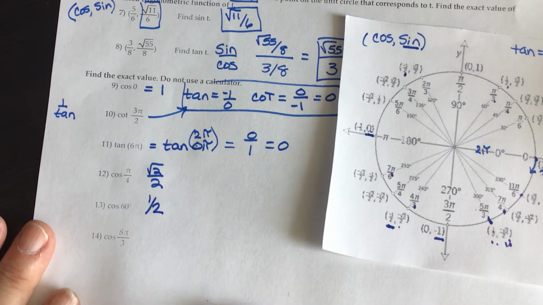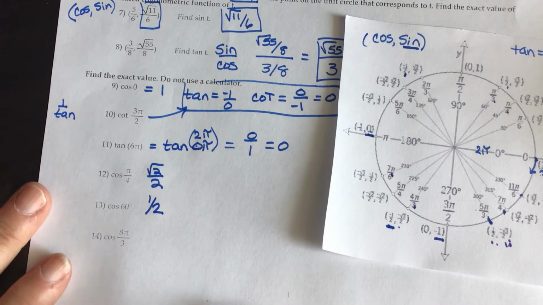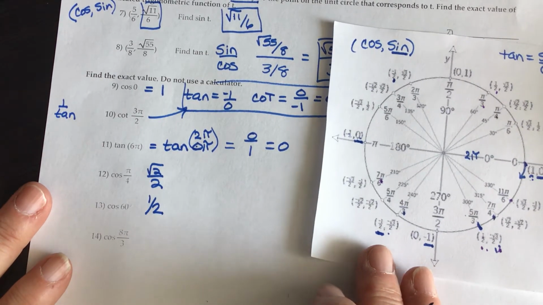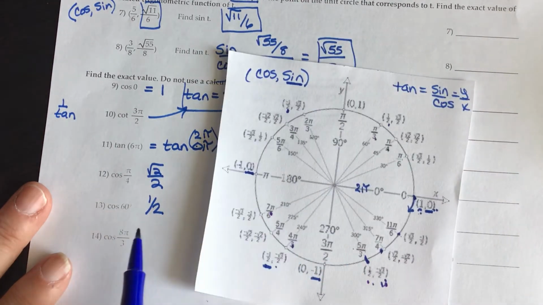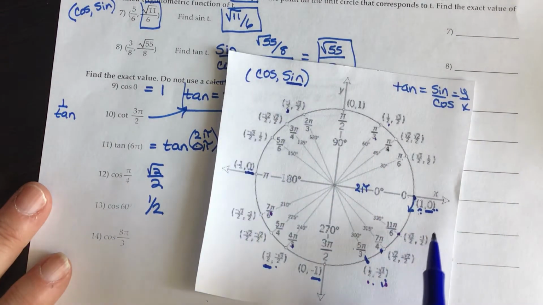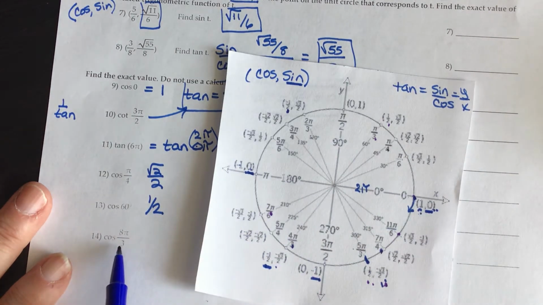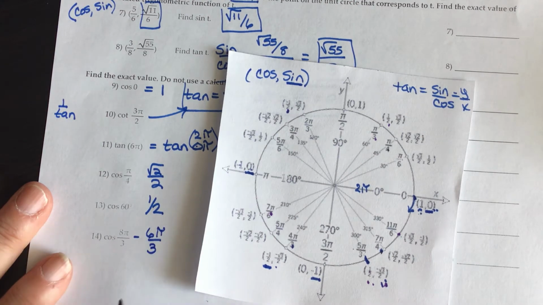And then cosine of 8 pi over 3. So this is the same thing as if I'm counting around the circle. Around the circle is 2 pi, but if I put it into a common denominator, that's going to be 6 pi over 3.